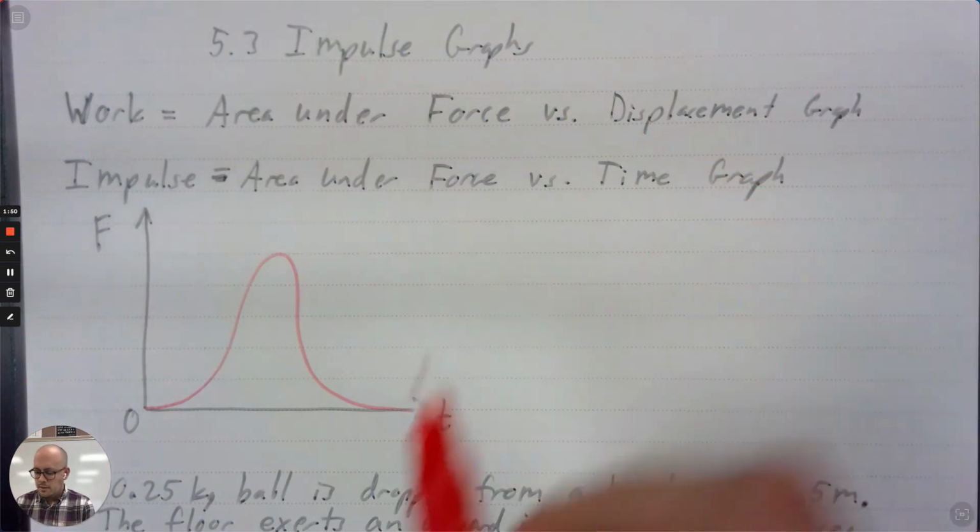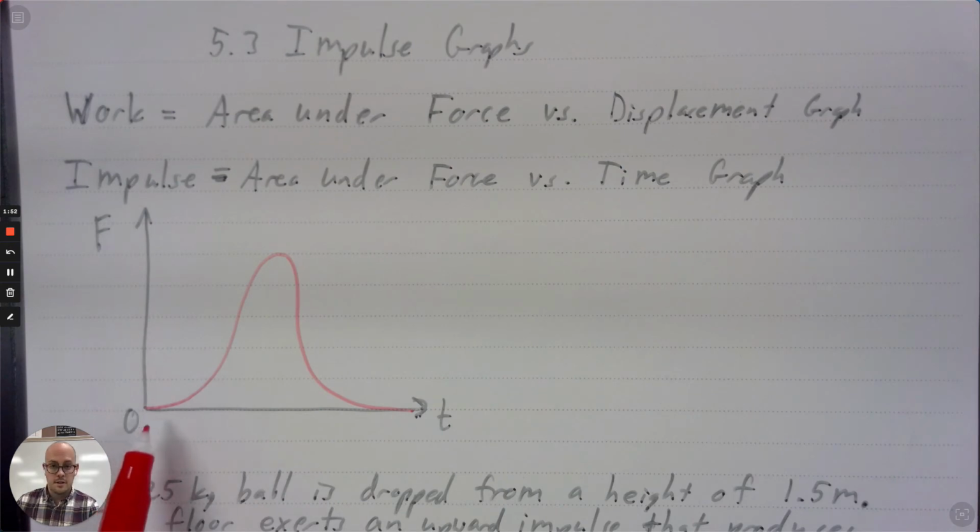So the idea is the collision starts at a certain time, and the force really quickly ramps up and really quickly ramps back down to zero. So the force is equal to zero before and after the objects collide, and then the force changes to some magnitude while that happens. This shape of graph is due to the compression of objects when they're colliding. A tennis ball is hollow on the inside and it's made of cardboard and felt and compressed air.